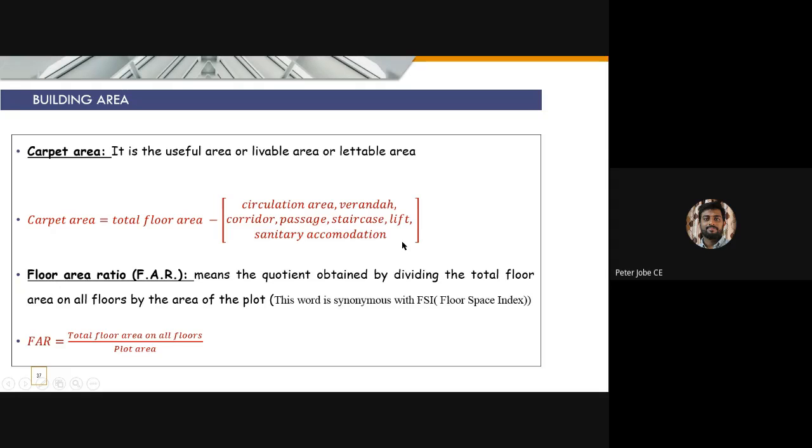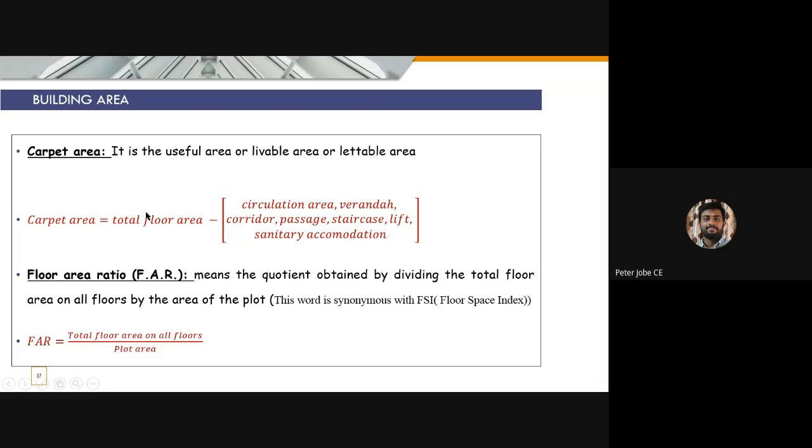That means if you want to provide some retail shops, we cannot give those areas. So carpet area is actually the useful area of a building. So if it's a shopping complex, it's the area occupied by all the retail shops, and we won't include the passages or staircase, lift, or any other areas which are intended for common use.